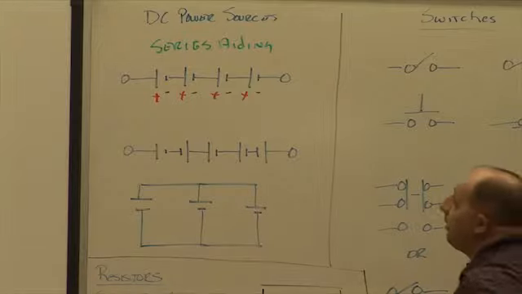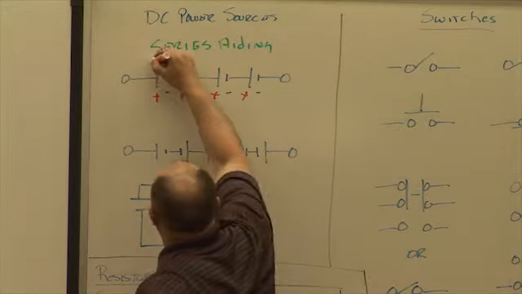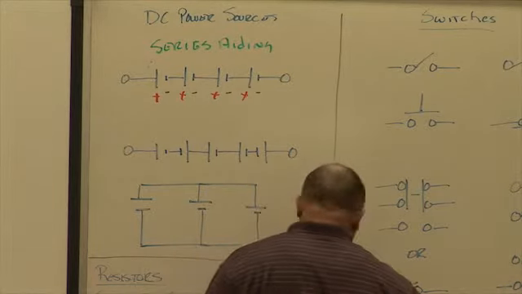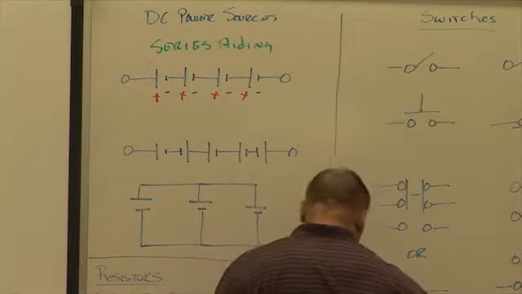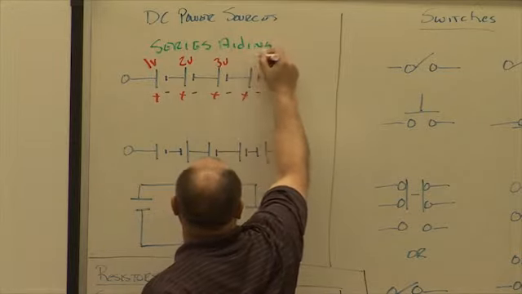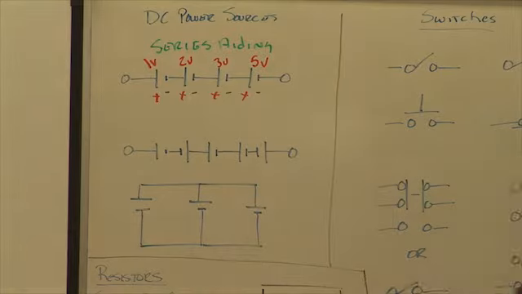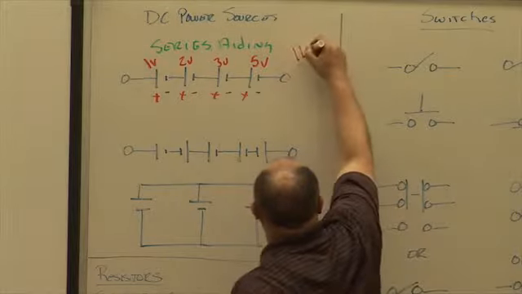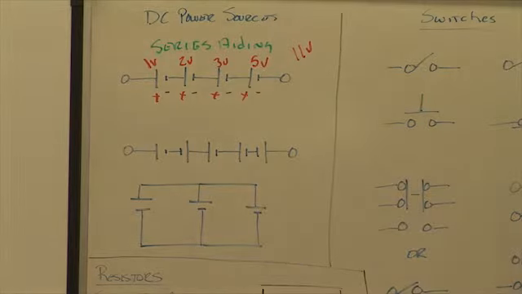If I were to assign various values, we should be able to determine the total potential. Say 1, 2, 3, and 5 volts respectively. What's additive in series? Voltage. Yes, 11 volts. That's the total potential.